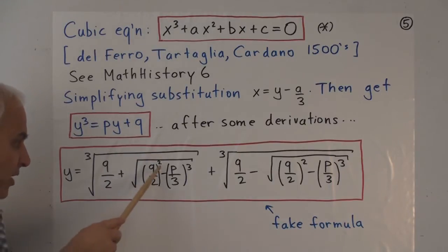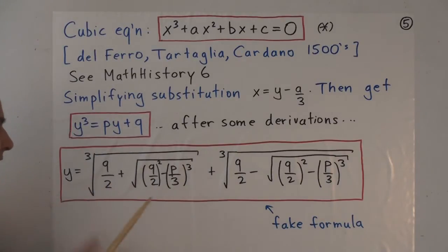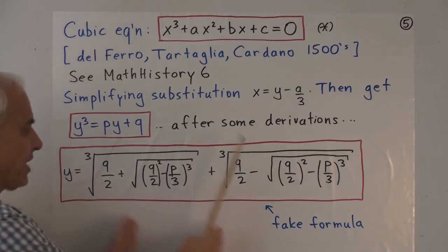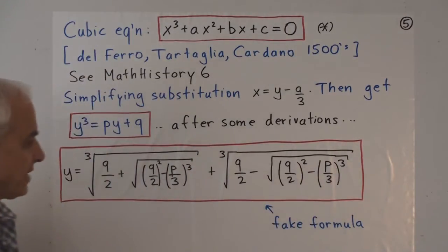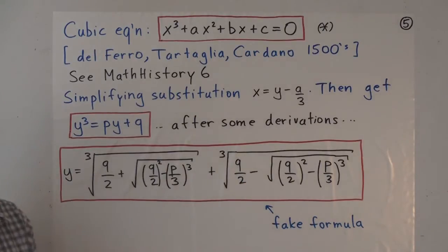So the 2 in the denominator goes with the 2 in the exponent there. This 3 in the denominator goes with that 3 in the exponent. So we have to take all of that, and then we take the cubed root of that. And then there's another term which is just like that, except that there's a minus sign here between these two terms instead of a plus sign.